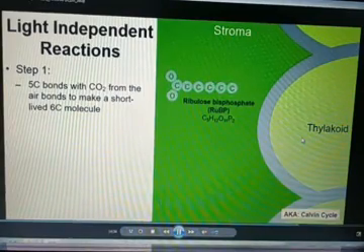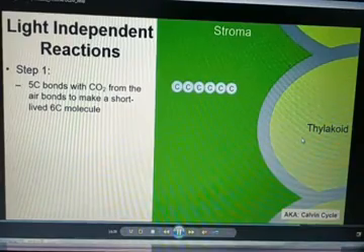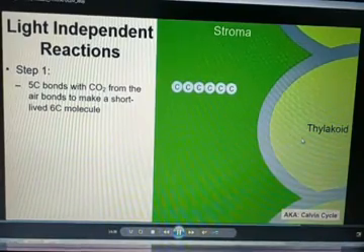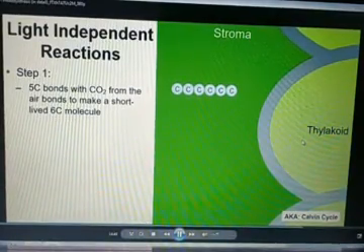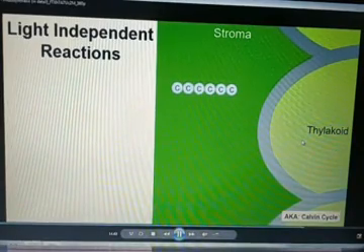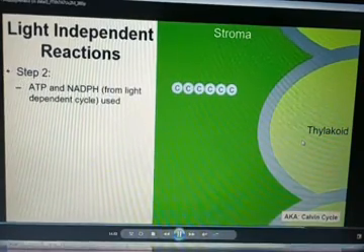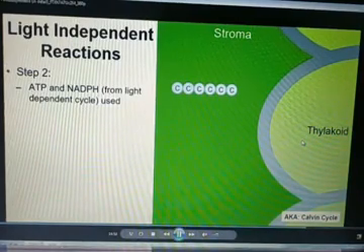It makes a very short-lived 6-carbon molecule, and it will break down. The reason behind its short life is played by ATP and NADPH.